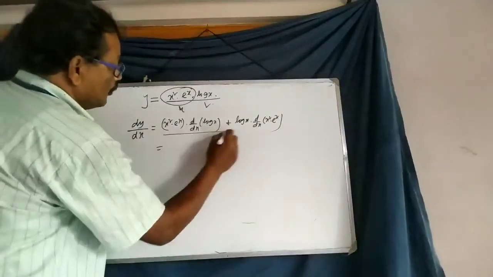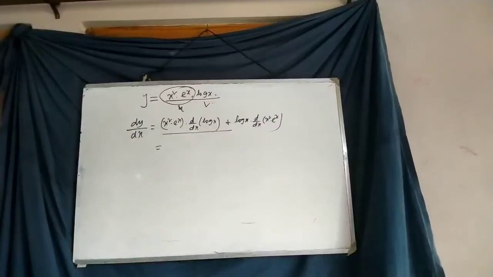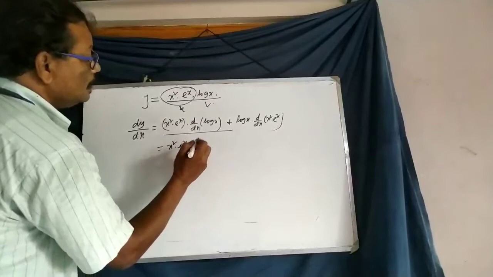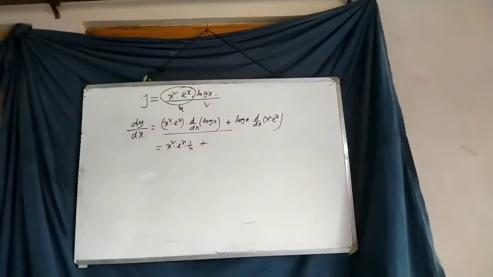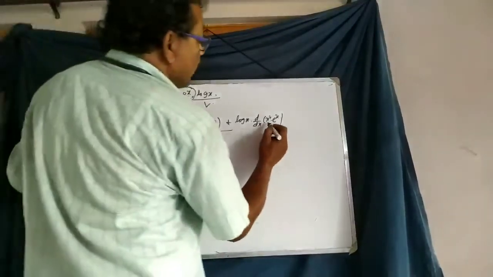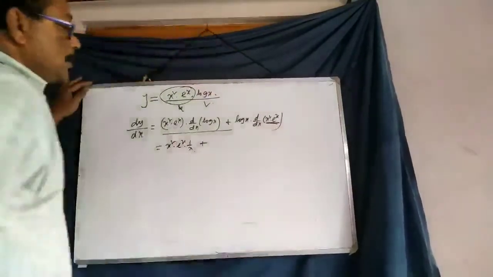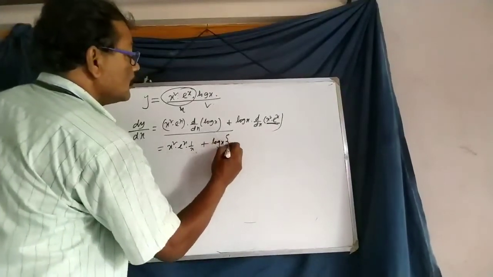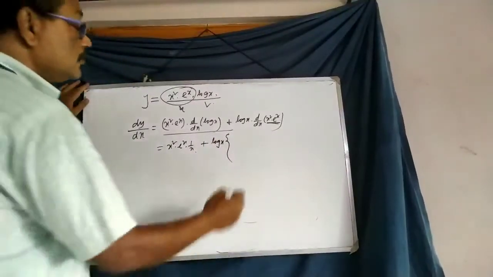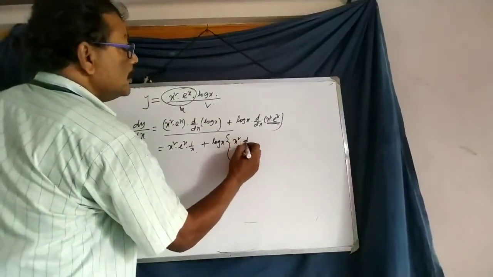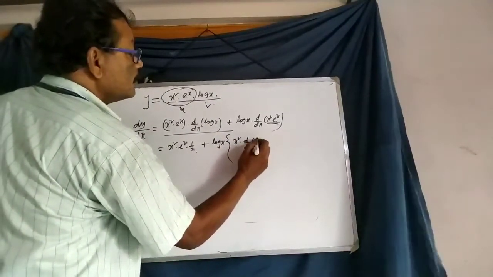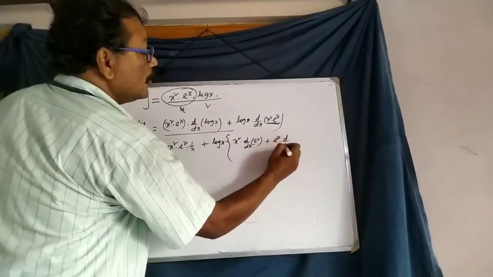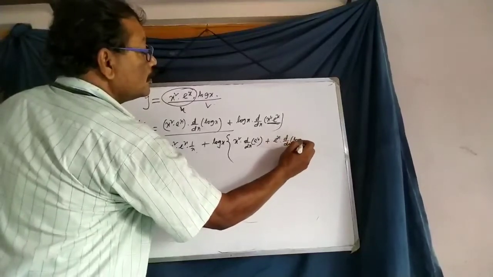In the first part of this problem, I can write it as x square e to the power x into 1 by x easily. But in the second part, there is a complication. What is the complication? We have to apply uv again. So log x, x square unchanged into d/dx of e to the power x, plus e to the power x unchanged d/dx of log x.